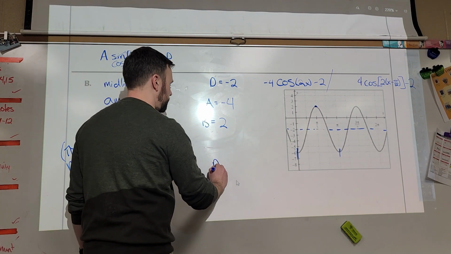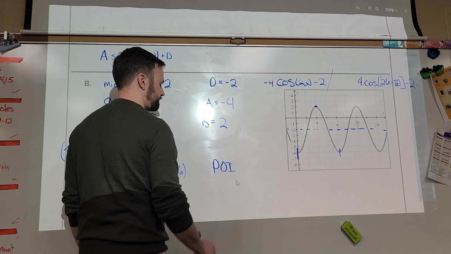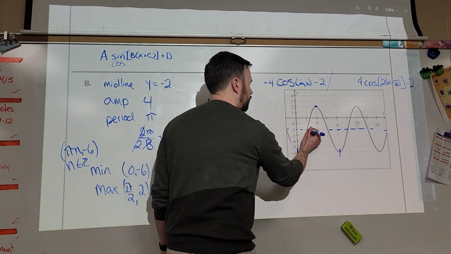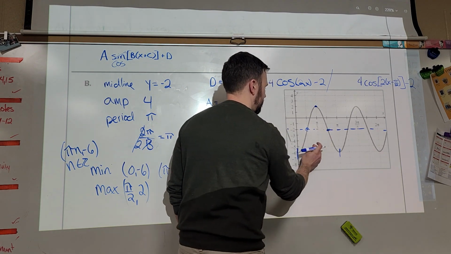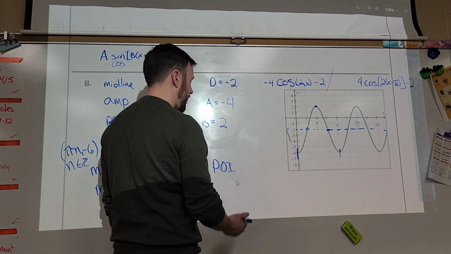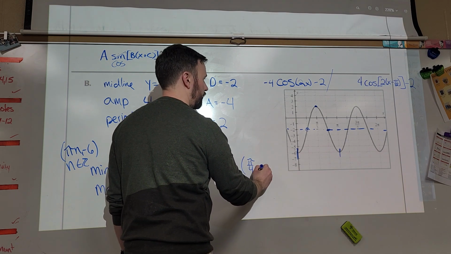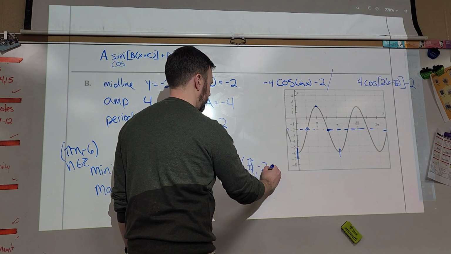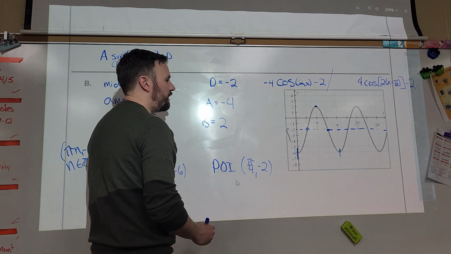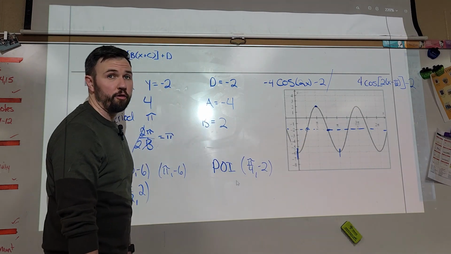Because let's do our point of inflection. I have 2 of them, right? My first one is at pi over 4, -2. Now if I want, my next one would be 3 pi over 4, right?